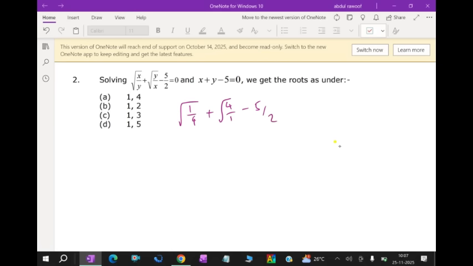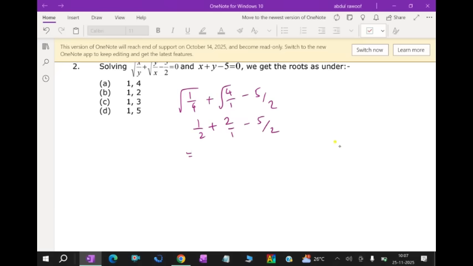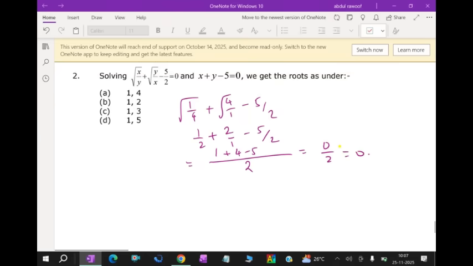Look at this, square root of 1 by 4 is 1 by 2, and square root of 4 is 2 by 1, minus 5 over 2. So LCM is 2: 1 plus 4 minus 5, which is 0 by 2, is 0. So it is satisfied.